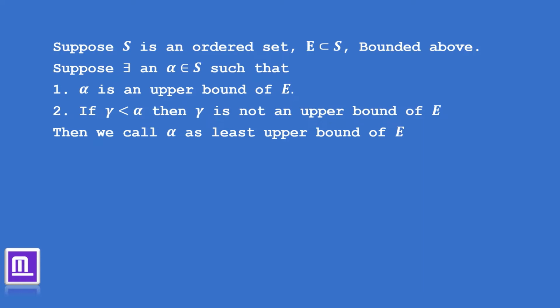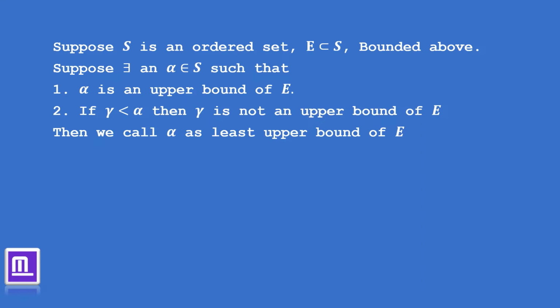So in order to define that, we have to follow these two steps, or you can bring your own kind of steps. Gamma should be related to alpha, and gamma is not an upper bound of E. If gamma is an upper bound of E, gamma is related to every element of E. That means if gamma is not an upper bound, gamma is not related to every element of E in the context of relation.